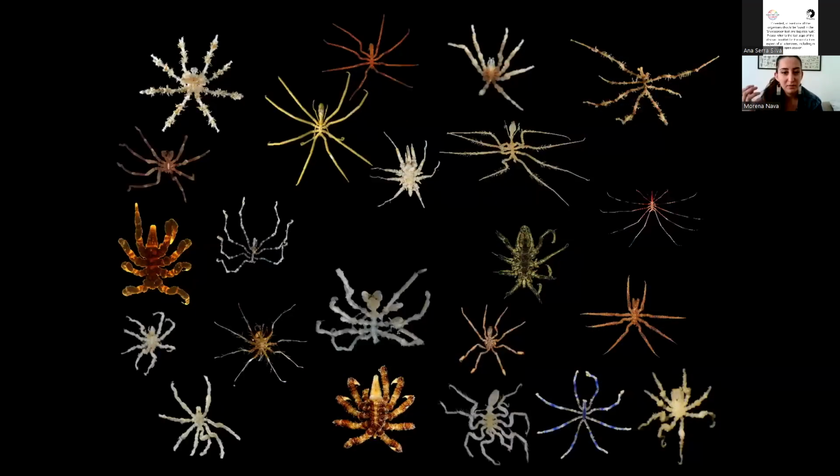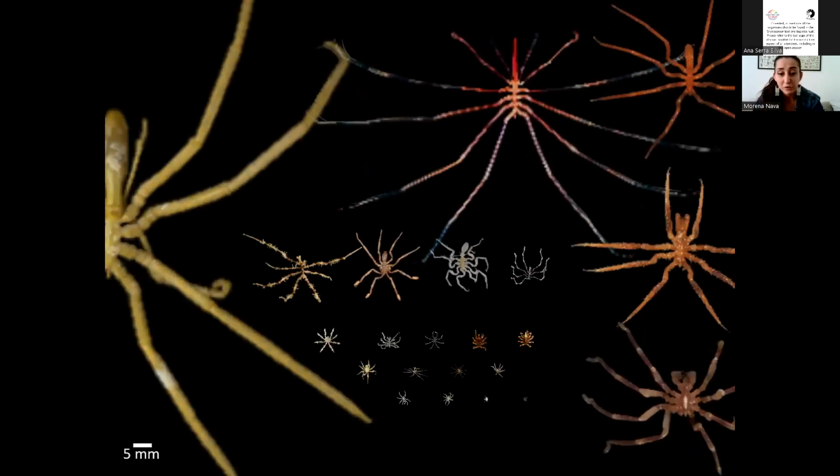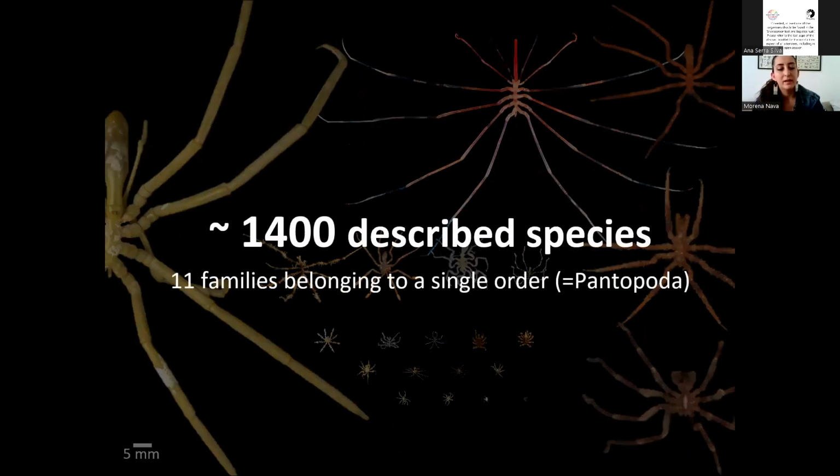So many people think that they are not really common and they are like few species, but actually I was also surprised to discover that currently there are 1,400 species described, and many of them probably not described yet because some species are small, they are mimetic, it's hard to spot them. And all the described species belong to 11 families of a single order, that is the order Pantopoda.